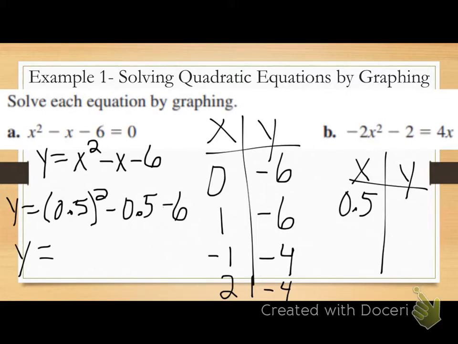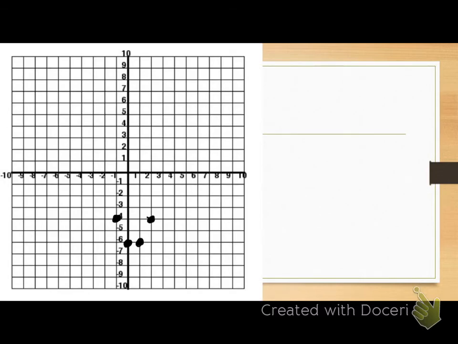Yes, you would. 0.5 squared minus 0.5 minus 6 would give me negative 6.25. So 0.5, negative 6.25 would be about right there.